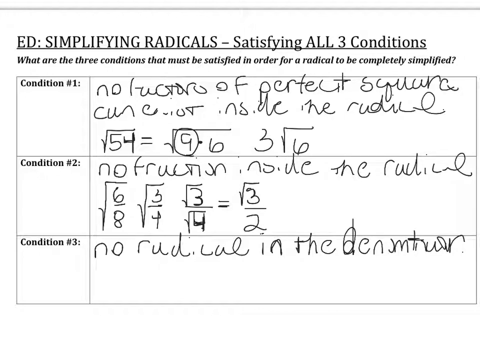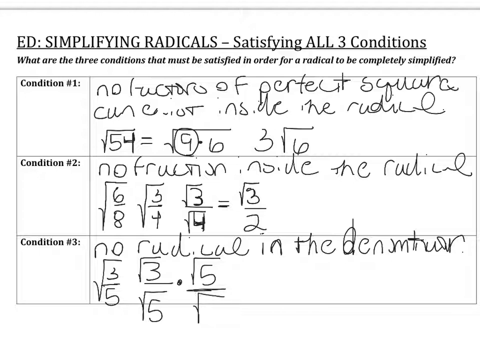A good example would be the square root of 3/5. So yes, that is a fraction. So I need to split that into the square root of 3 over the square root of 5. And then in order to get rid of the radical in the denominator, I have to multiply the top and the bottom by the square root of 5.